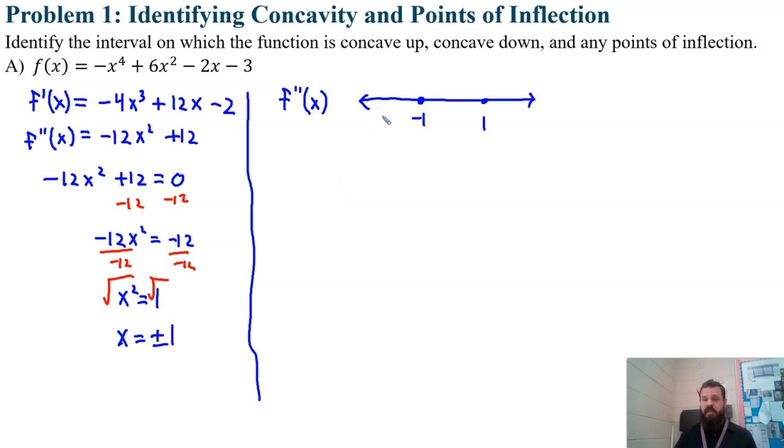Now, two ways we could do this. We could go ahead and test points, such as plotting the points negative 2, we could throw a 0 in here and a 2. That wouldn't be too bad.